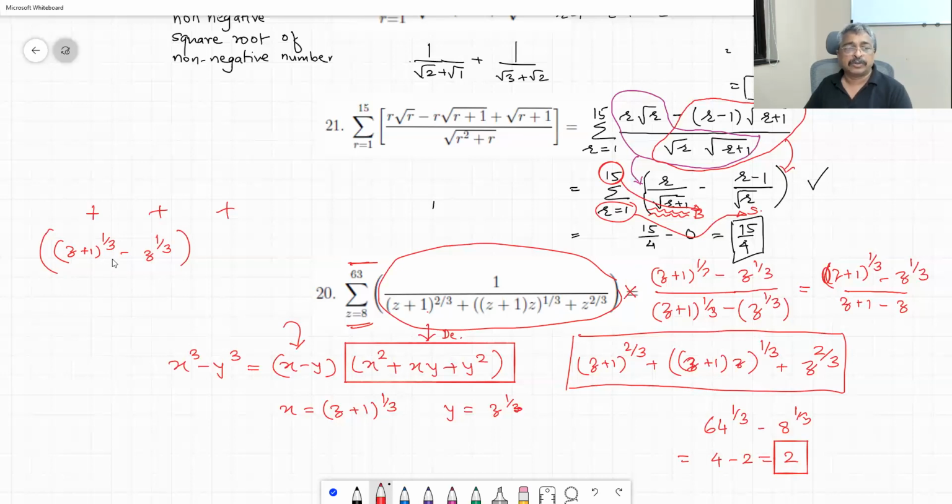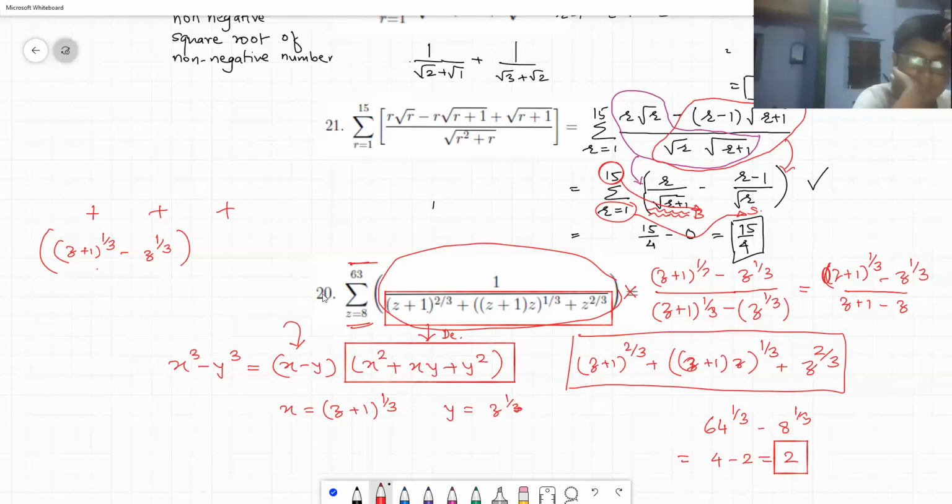So you multiply and divide by this factor, and therefore you end up getting 1 in the numerator and a very bad term in the denominator. That is how the problem is designed. Do you understand? Design of the problem.